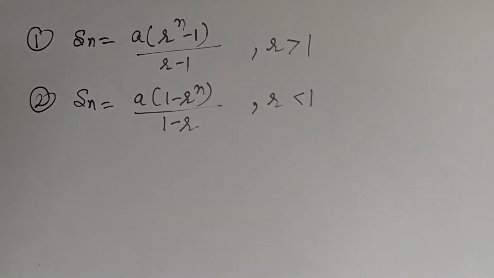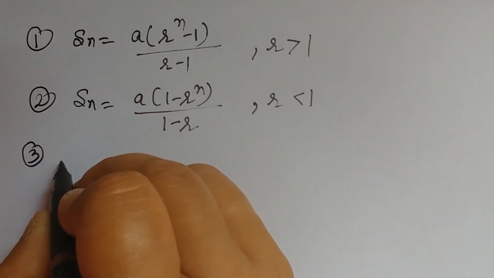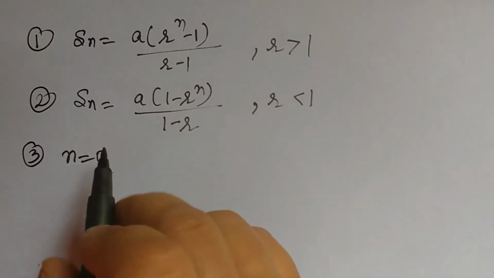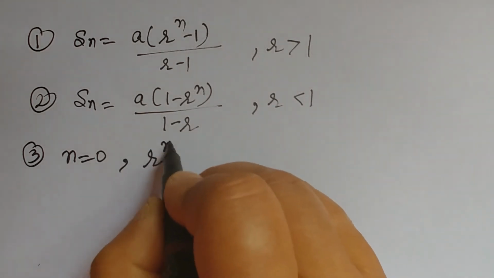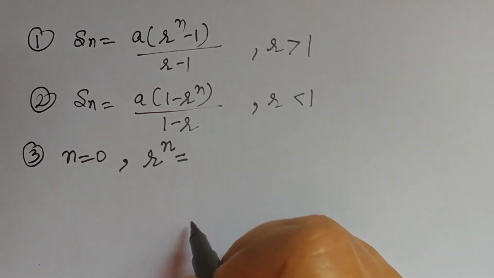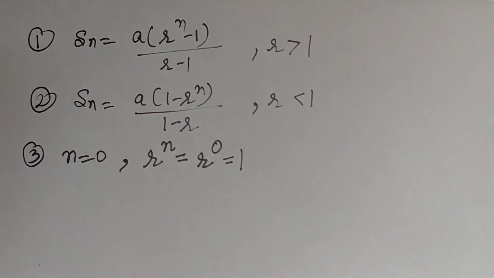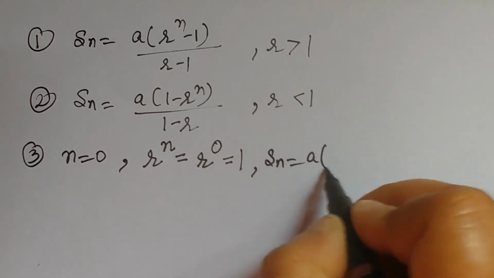Now let us see what happens when n is equal to 0. When n is 0, what will r raised to power n be? It will be r raised to power 0, which is 1. Anything raised to power 0 is 1. So see what happens to this formula.